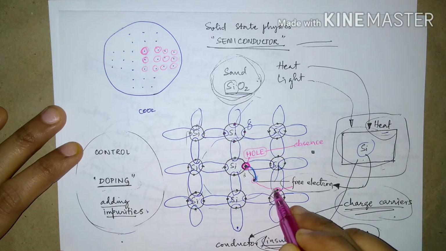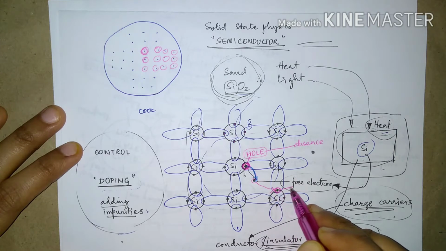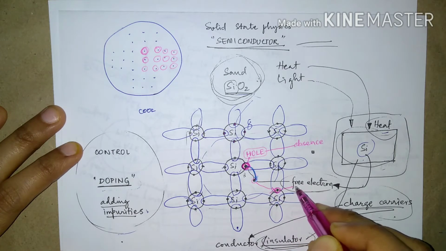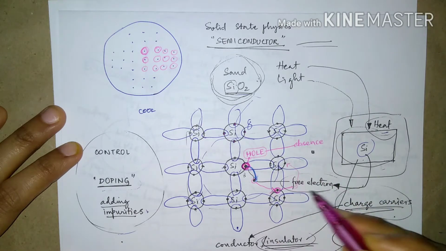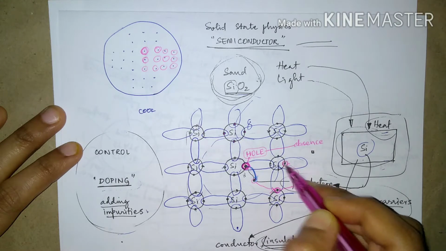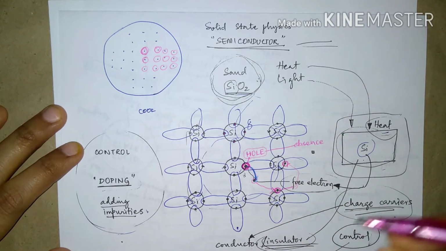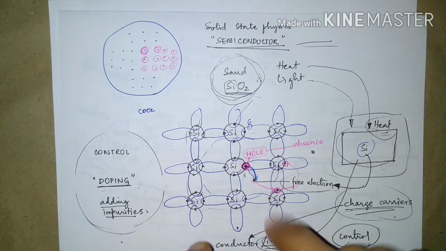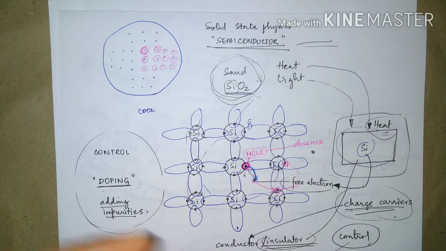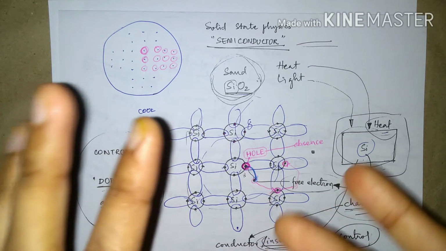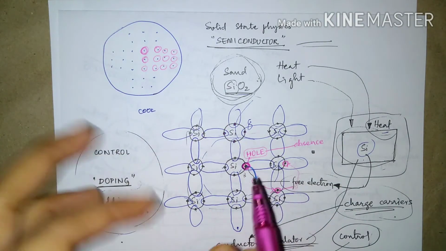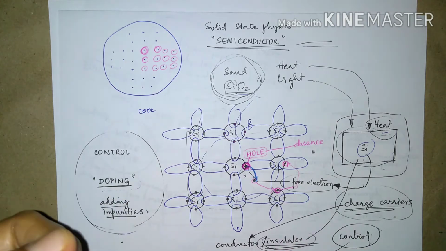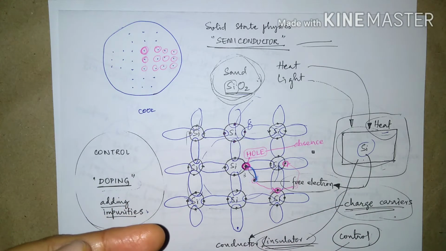When this electron sits into this hole, this one becomes free, and it will either remain a free electron or it may hit some other electron, again creating a hole here. Like that, there is not only one electron, there are a few electrons which are getting energized by the heat present around it.